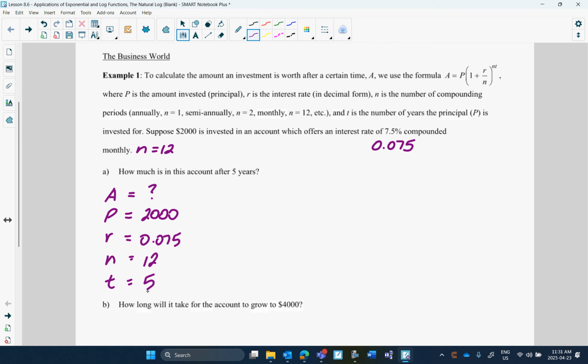So plug everything into your formula. A, which I don't know, equals 2,000, which is P, times 1 plus R, which is 0.075, divided by N, which is 12, raised to the N, which is 12, times T, which is 5.